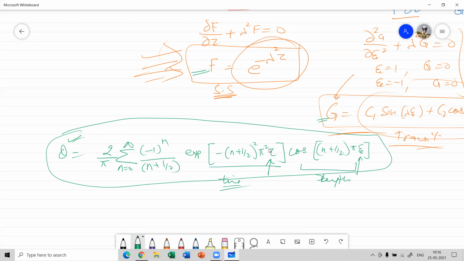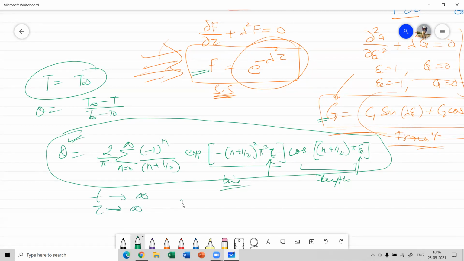Now as tau approaches infinity, exponential of minus infinity will approach 0, so this entire expression will approach 0. Theta is T infinity minus T over T infinity minus T naught. So when time or tau approaches infinity, theta approaches 0, and that means T is approaching T infinity.